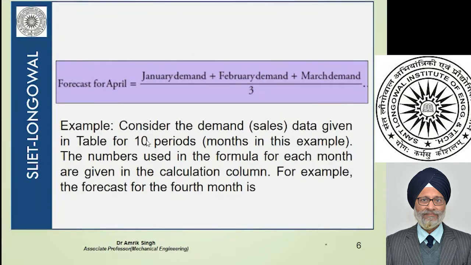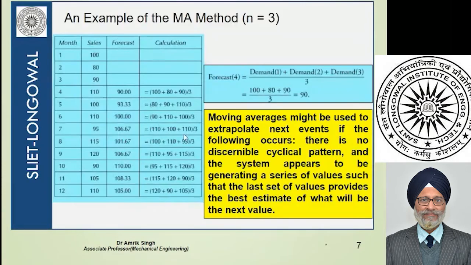We take an example of the sales for the last 10 periods and try to find the forecast for the fourth month. So let us take an example. You see here the sales for 12 months. It may be sales in number of items, or in rupees or dollars, or number of packets.